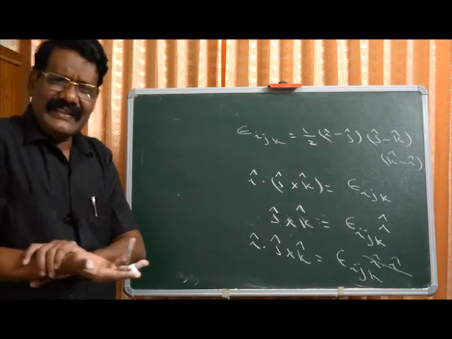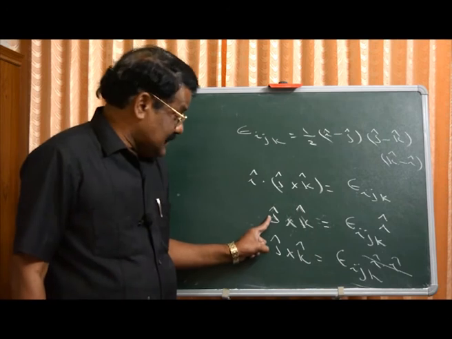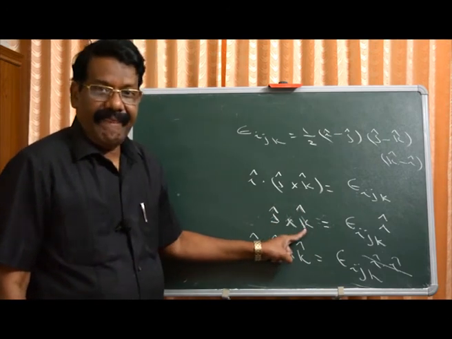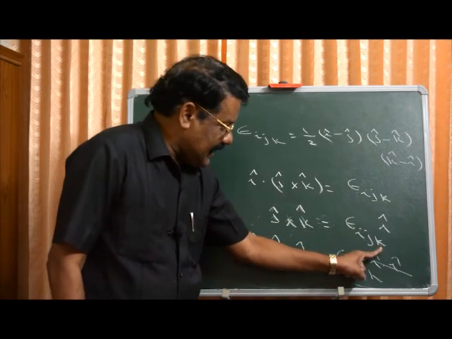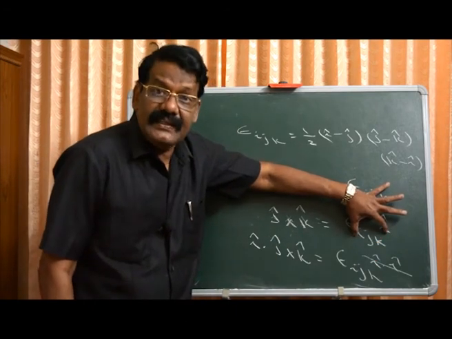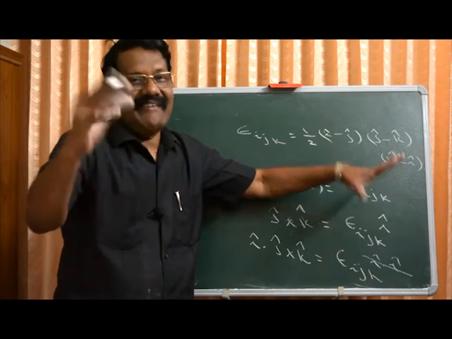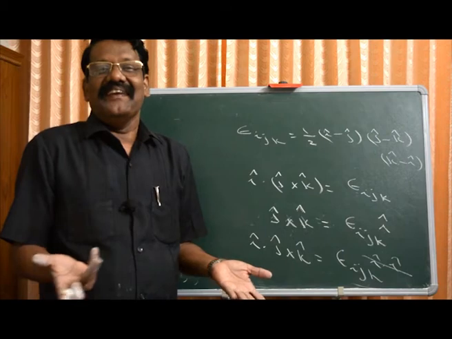Correct? In order to memorize this, it's a very simple thing. Look at this. On the left hand side, you have j and k. Here i, j, k and i. And i is obviously dummy. Dummy means sum over. You perform that sum, ultimately i will vanish. And what is remaining? K and j.